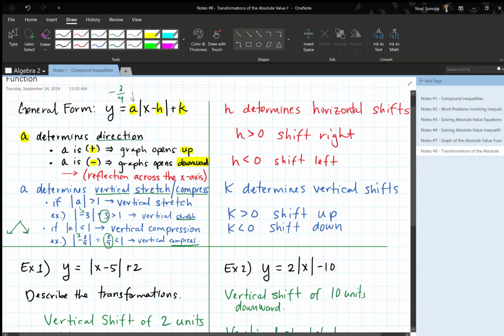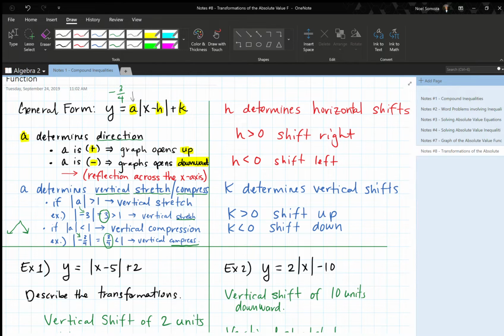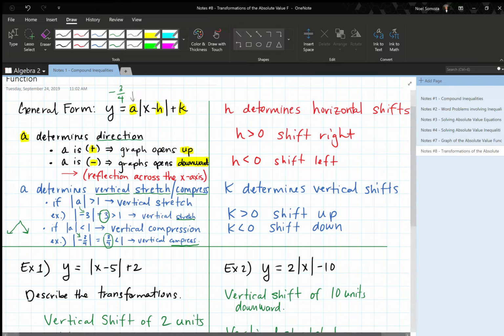The reason I did that is because I don't want you to think that just because it's negative, let's say it's -5, that it's going to compress. It's still going to stretch because 5 is a big number. The fact that it's negative just means that the arrows are going to be pointing downward.